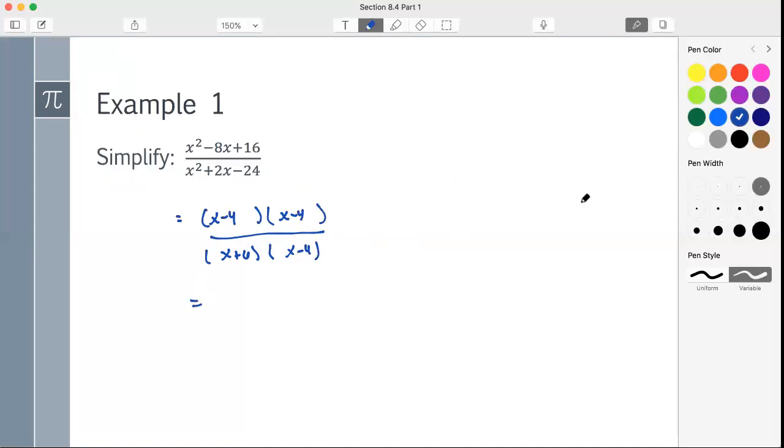Now, once you've factored completely, you then cancel any common factors. You cancel one with one. And then you write your answer with what's remaining. And that's it. Okay, so same steps. Step 1, always factor completely. Step 2, cancel common factors. And then step 3, write your simplified answer.